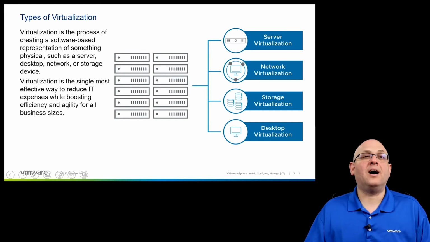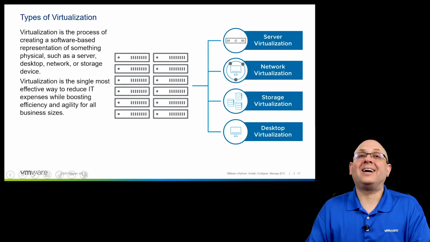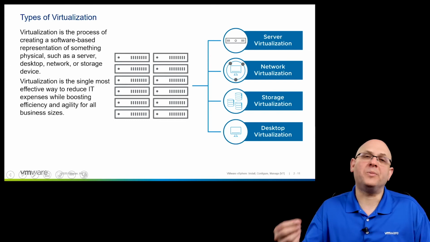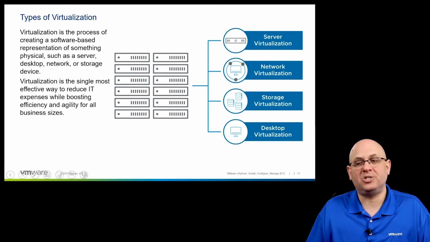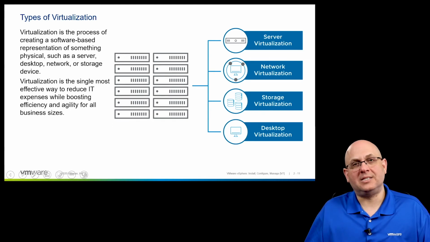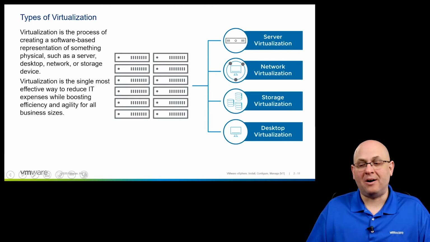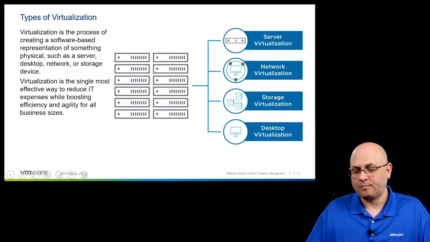This really allows us as vSphere administrators to take control of the storage requirements for the applications running in our virtual machines. So vSAN is a storage virtualization product that VMware includes, and we're actually going to be looking a little bit at vSAN as we go through the course here in our storage environment.